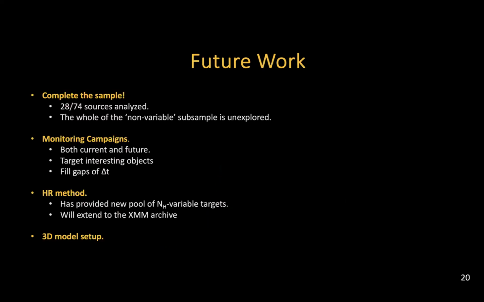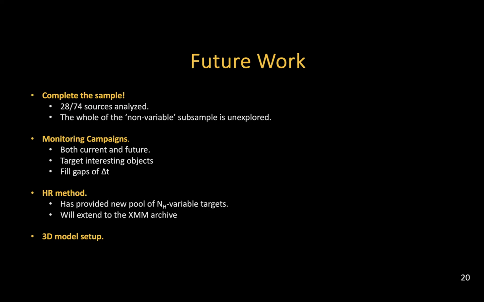So finally, what we want to do now to improve these results that we have, which are interesting, but of course inconclusive at the moment, is first of all increase our sample, right? We have a sample of about 80 sources that have a lot of observations. We've only gone through about 28. We are now working into the analysis of the rest so that we have a much better sampling than the one we have now and more unbiased because we selected the first 28 in a biased way.